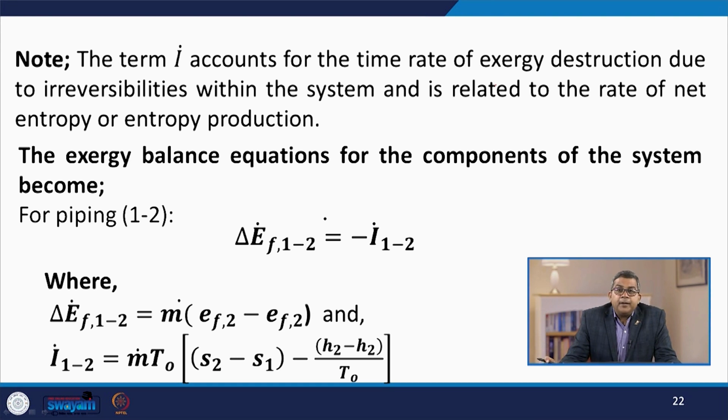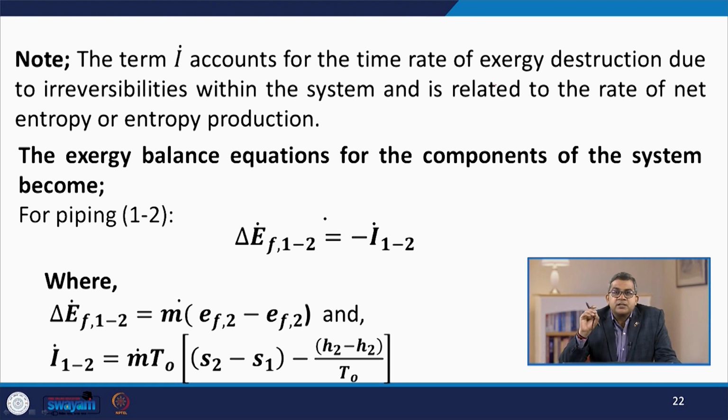Now the term I accounts for the time rate of exergy destruction due to irreversibilities within the system and is related to the rate of net entropy production.